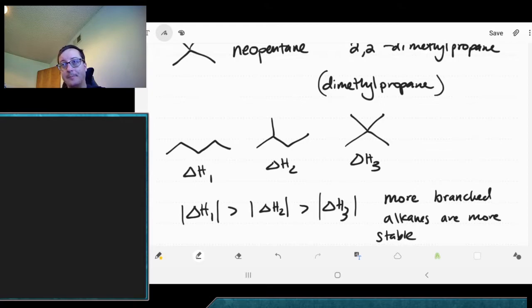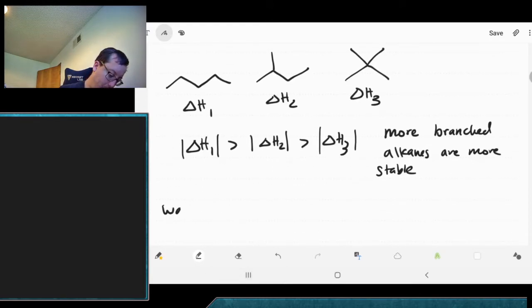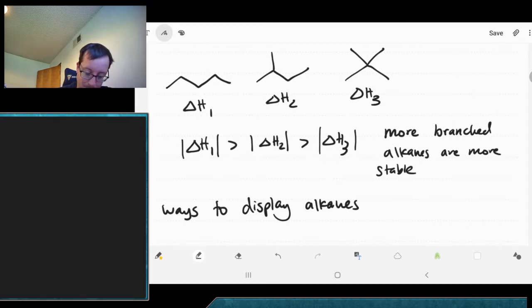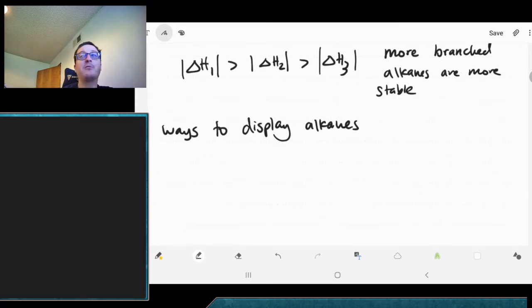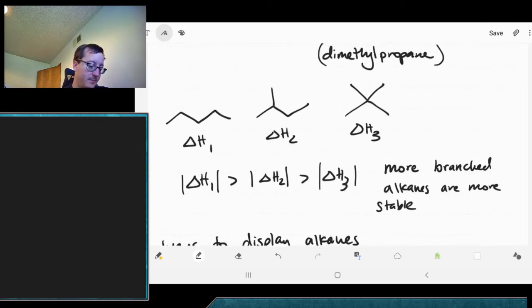So, let's talk about ways to display alkanes. We're going to have 3 major ways that aren't the way we normally look at molecules in a wedge dash format, or in this case just zigzag.